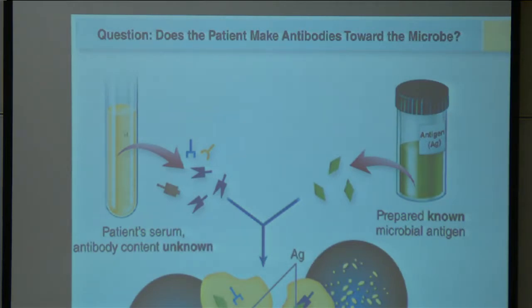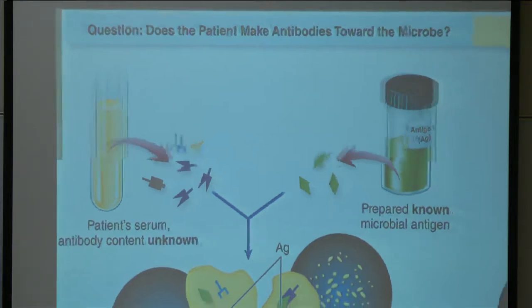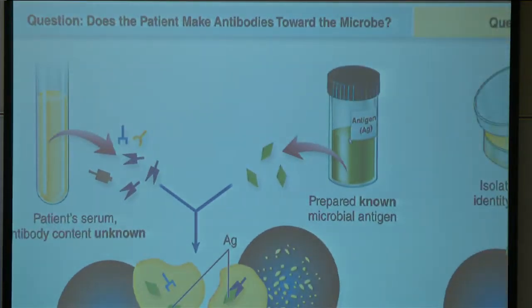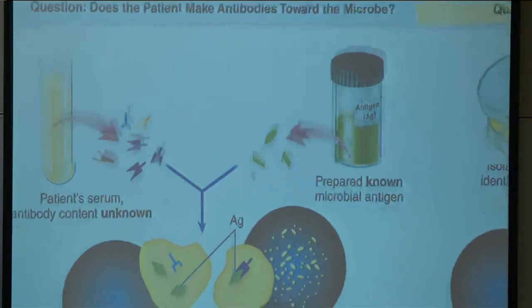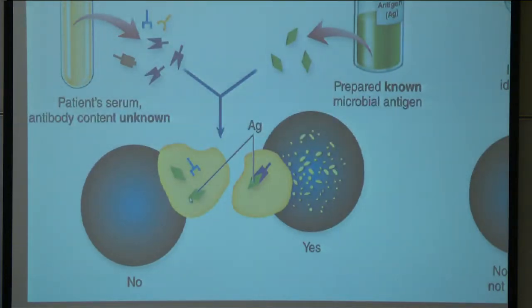So you take the patient's serum. You don't know what antibodies are there. Okay, so remember, you have to know either the antigen or the antibody. So in the serum, obviously you don't know what's there. Okay, you don't know which antibodies are present. So then you take the known antigen. So HIV proteins, let's say. Here they are. Mix them together.